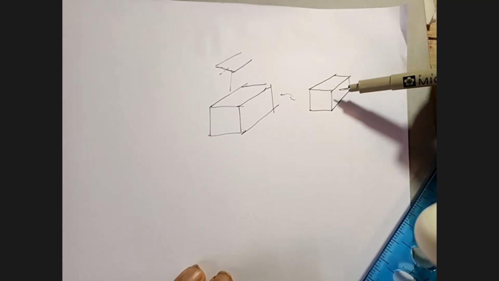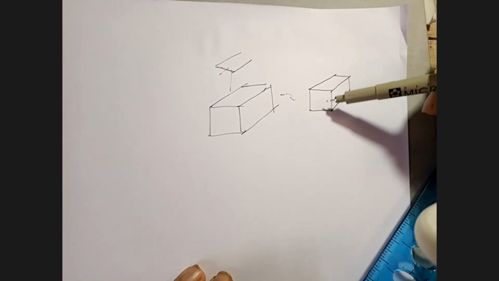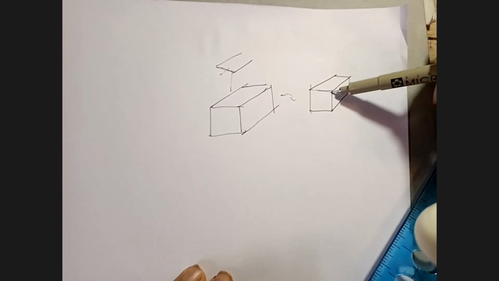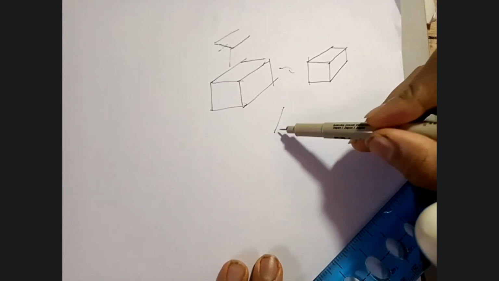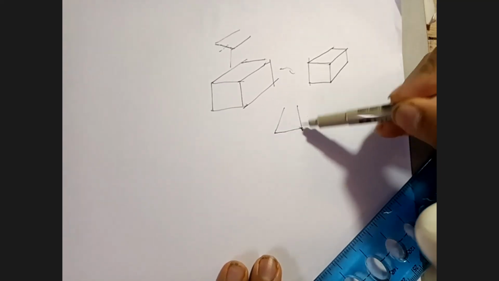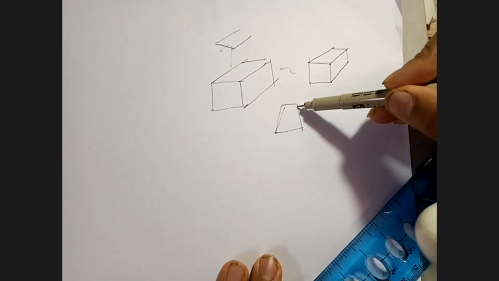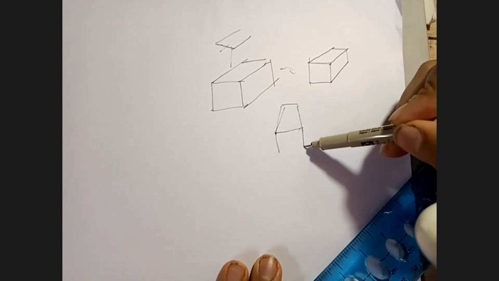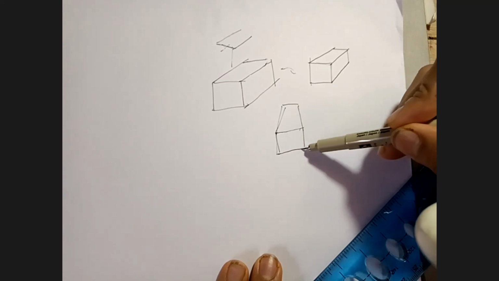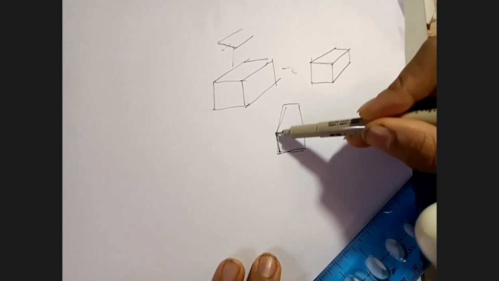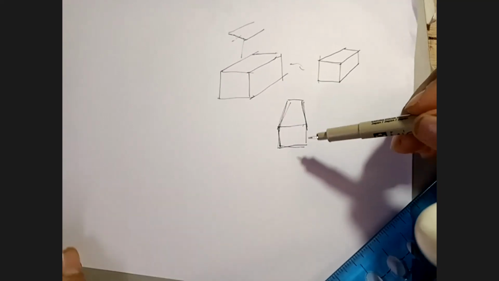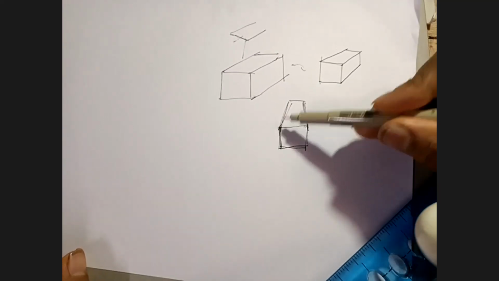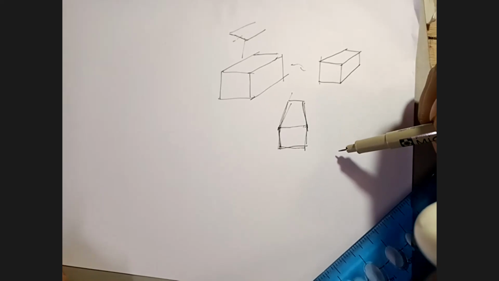So this is where the whole idea comes. Or consider this, a block. See, notice this: how this is just creating an illusion that it's leading towards something.